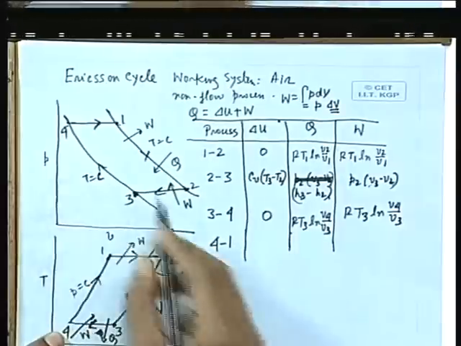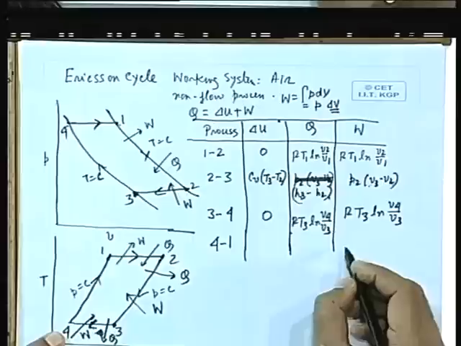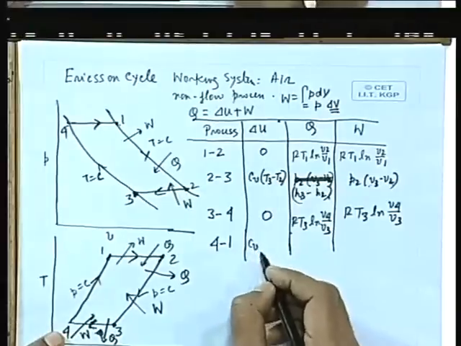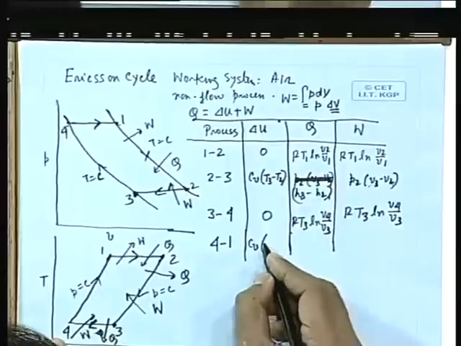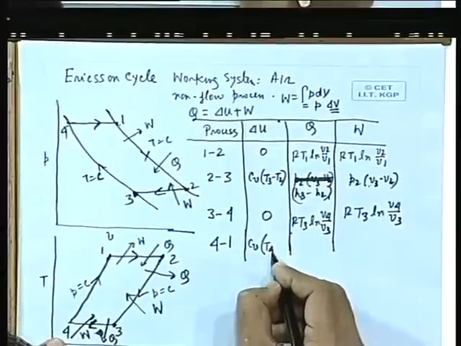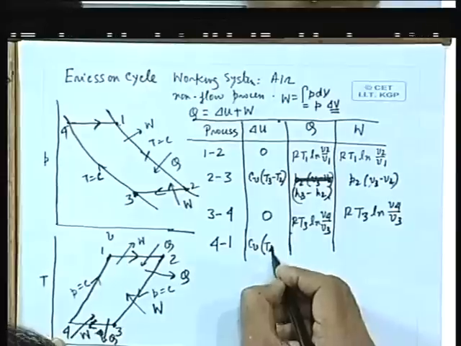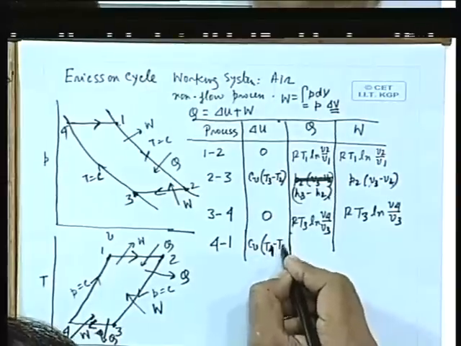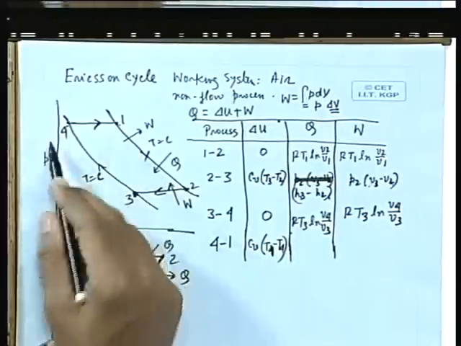4-1 again is a constant pressure process, like the 2-3 process. So here the change in internal energy is Cv times T4 minus T3 as usual, here T1 minus T4. Now Q is T1 minus T4.